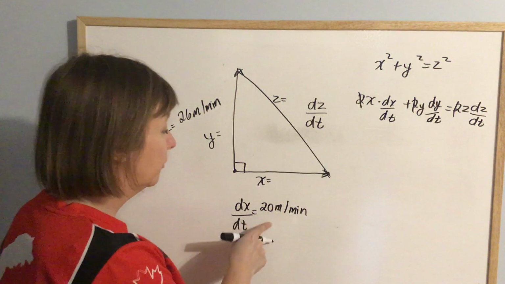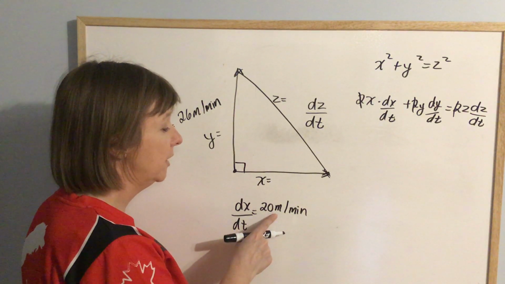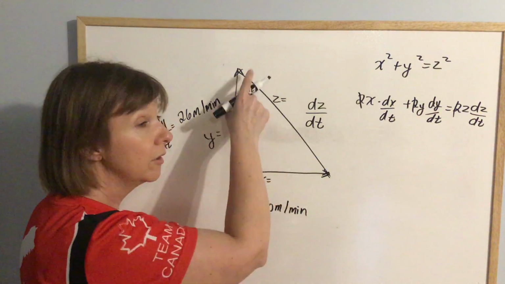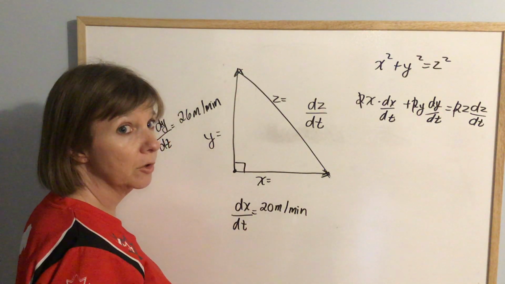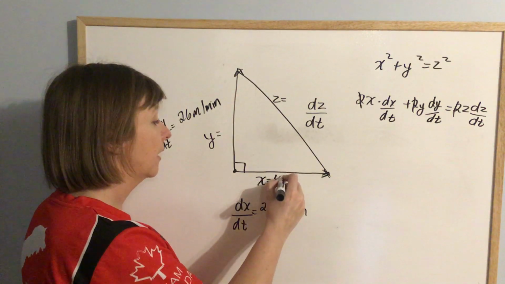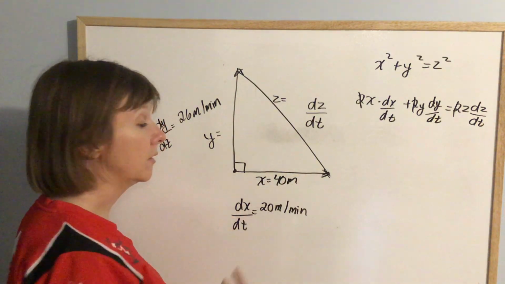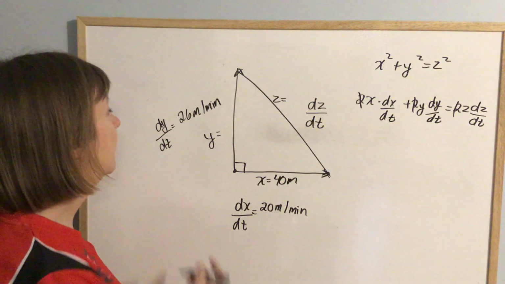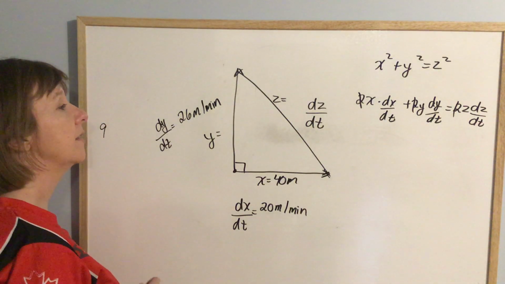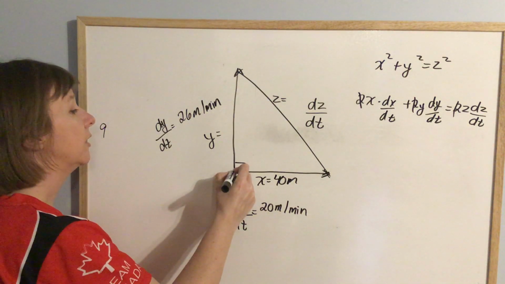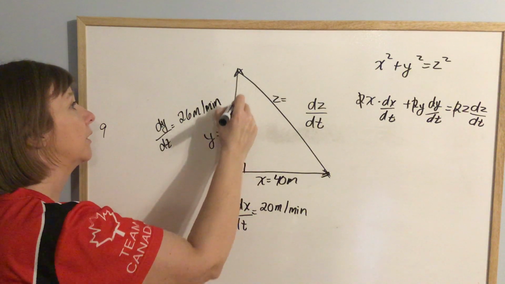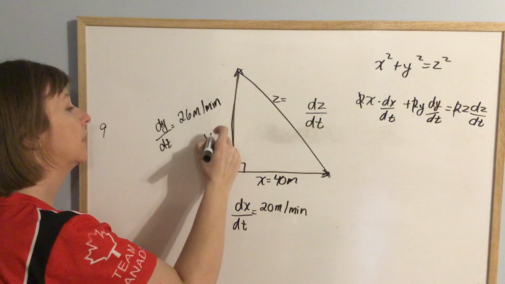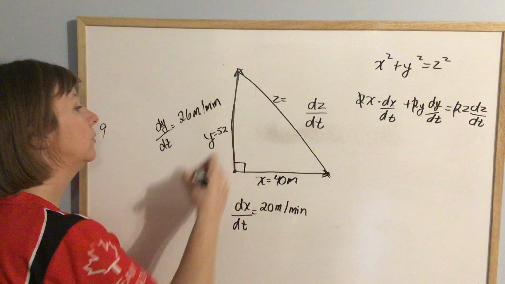So if this person is going 20 meters every minute, and we're looking at 2 minutes afterwards, that means that this guy must have gone 40 meters, because he goes 20 meters in the first minute and 20 meters in the second minute. This person is going 26 meters per minute, so in the 2 minutes after they leave, he has gone 52 meters.